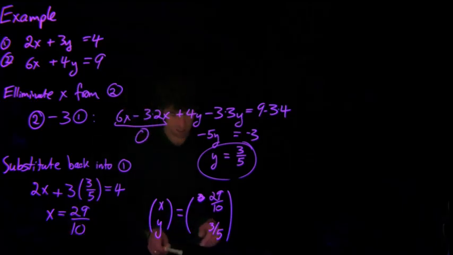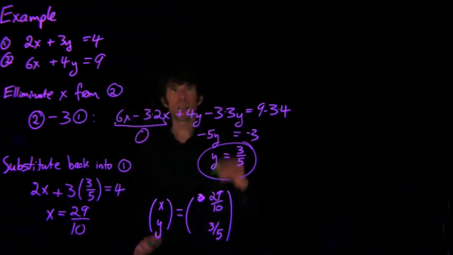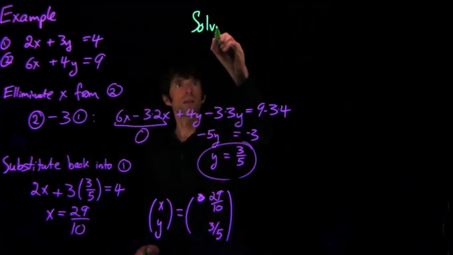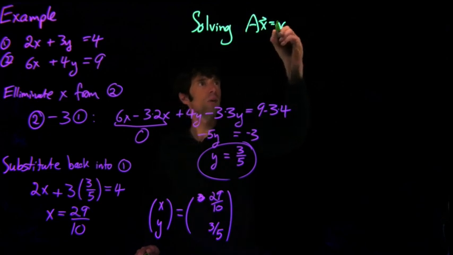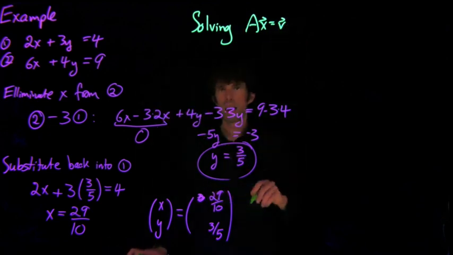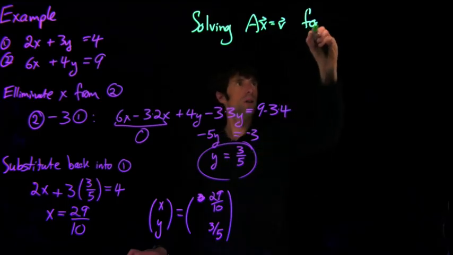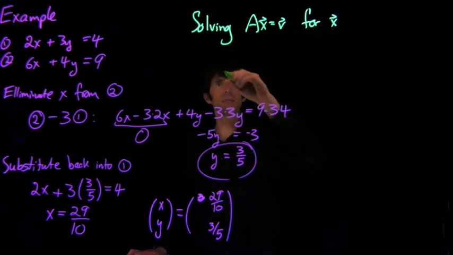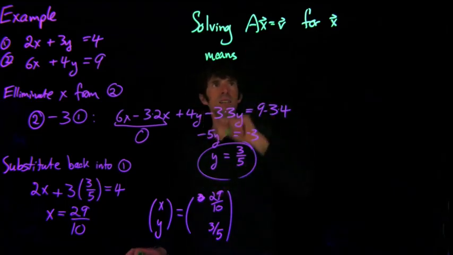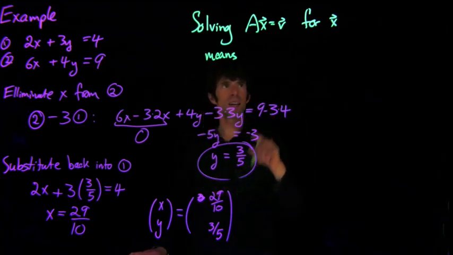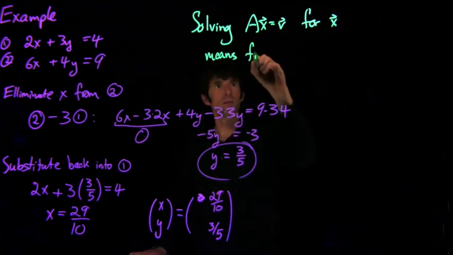So the last thing I want to emphasize is solving an equation, Ax equals v. What this means, we're solving for this variable x, means finding a linear combination of the columns of A to give v.